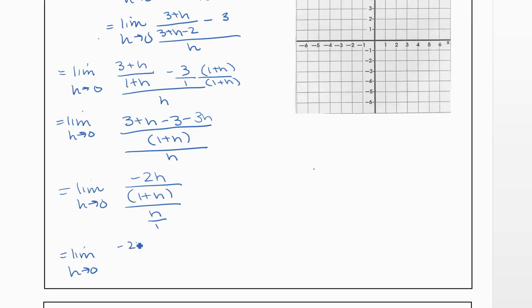So we have negative 2h over 1 plus h, and we're going to multiply by the reciprocal of h over 1, which will be 1 over h. Now those h's cancel out, and we have the limit as h goes to 0 of negative 2 over 1 plus h, and when we plug in 0 for h, we get negative 2 over 1, which is just negative 2. So our slope for our tangent line is negative 2.